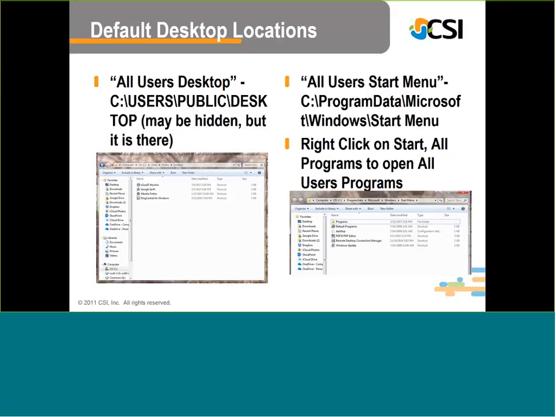The all users start menu is in a bizarre place. I don't understand why Microsoft did this, but it's in C:\ProgramData\Microsoft\Windows\Start Menu. If you go to Start, Programs, right-click on All Programs, you'll see it open to the all users programs location, and you can see the start menu.